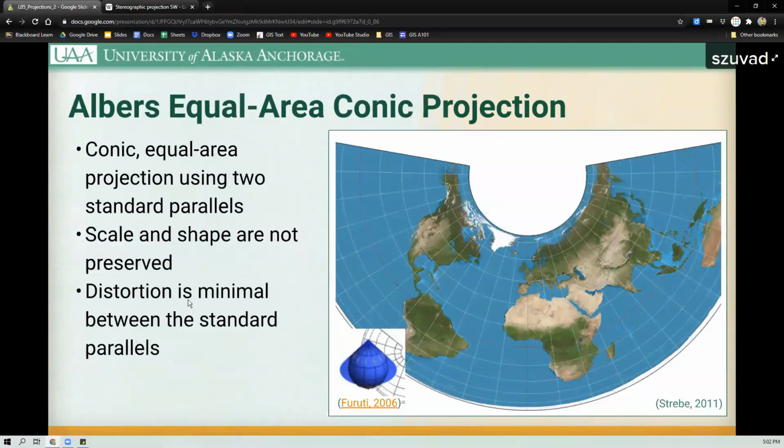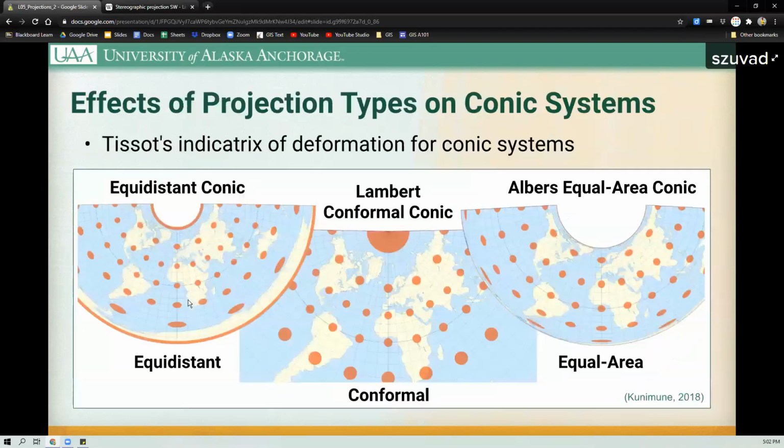And then there's the Albers equal area conic projection, which preserves area, but not distance or bearing. So you can see the extreme distortion along the poles for the equidistant conic, also the conformal and the equal area. But those two tend to balance some of that distortion a little bit differently.